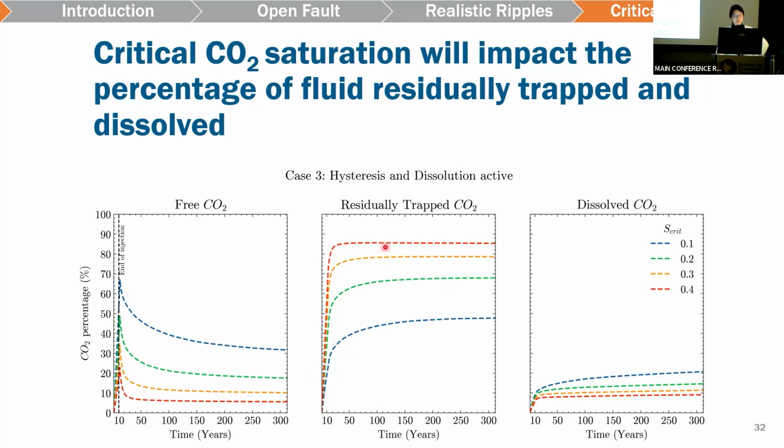It also increased the amount of residually trapped CO2, but reduced the amount of dissolved CO2. So as critical CO2 saturation increases, we can see a trade-off between the residual trapping mechanism and the dissolution trapping mechanism.